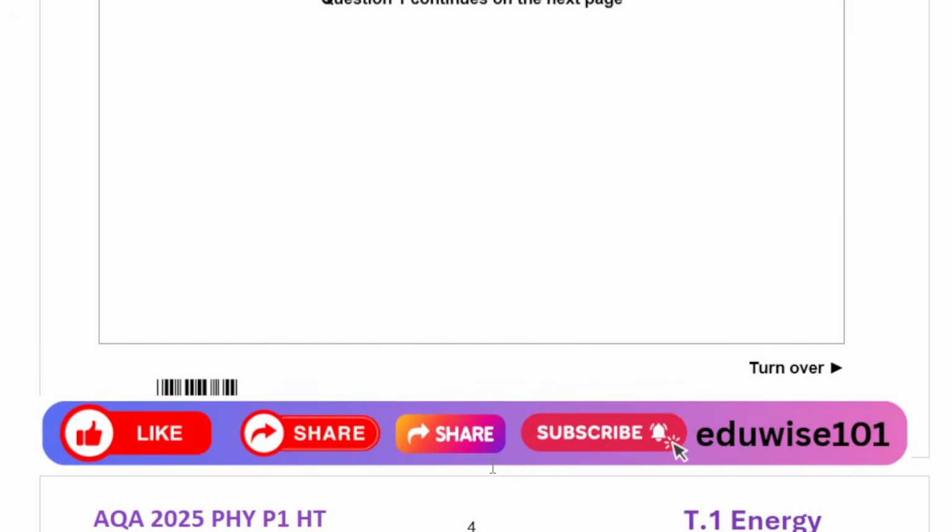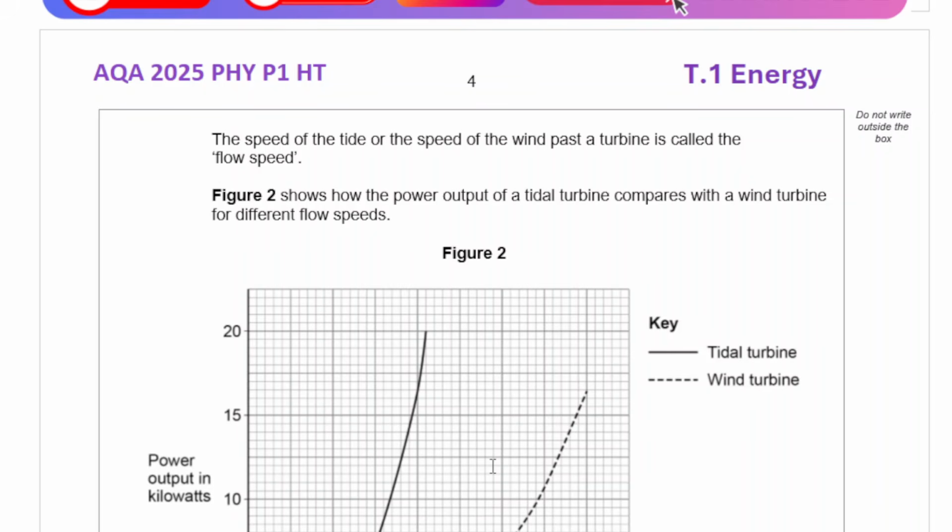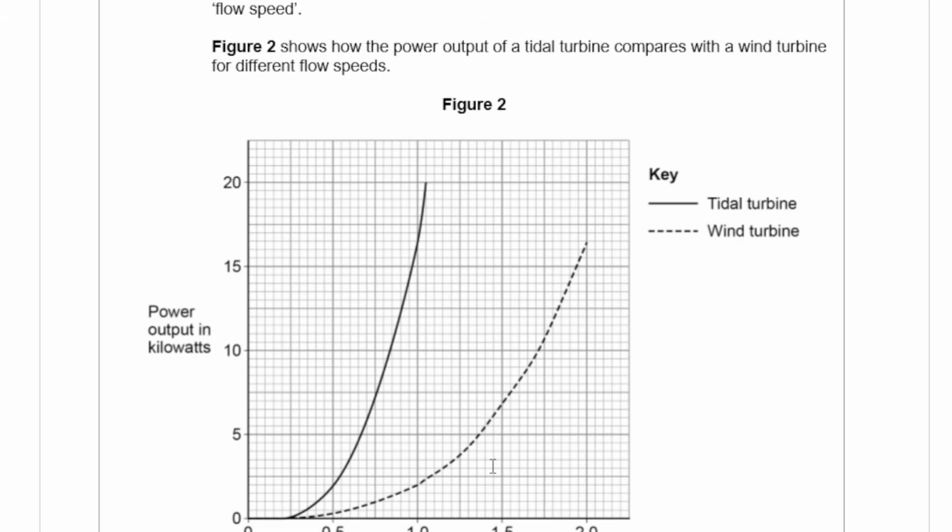The speed of the tide or the speed of the wind past a turbine is called the flow speed. Figure 2 shows how the power output of a tidal turbine compares with the wind turbine for different speeds. So the tidal and wind.